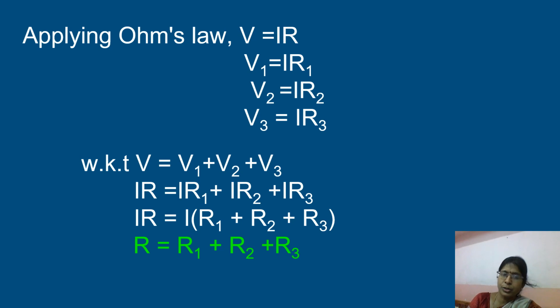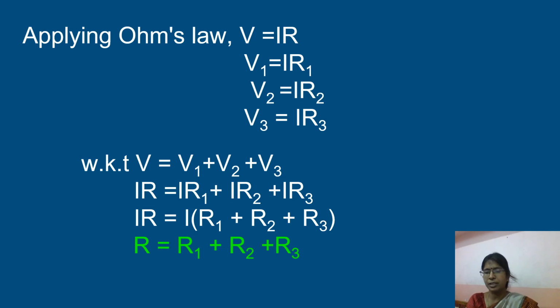Substituting these values in the equation V is equal to V1 plus V2 plus V3, and since V is equal to IR, it transforms as IR is equal to IR1 plus IR2 plus IR3. Taking I common from the right side, it transforms as IR is equal to I into R1 plus R2 plus R3. So from this we can write R is equal to R1 plus R2 plus R3.